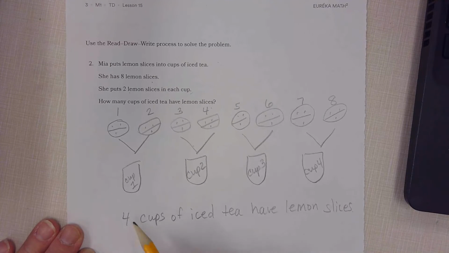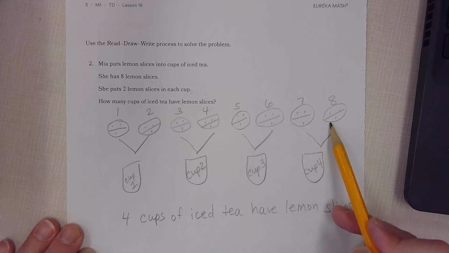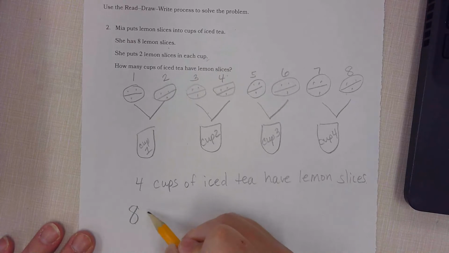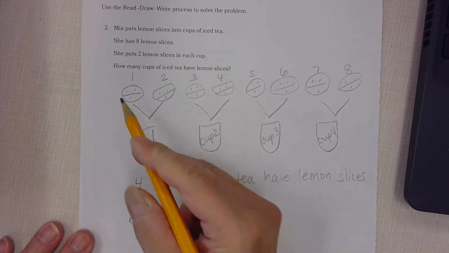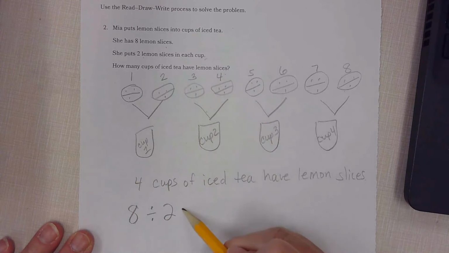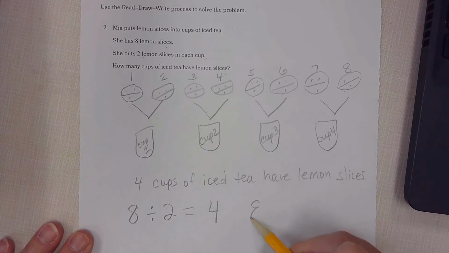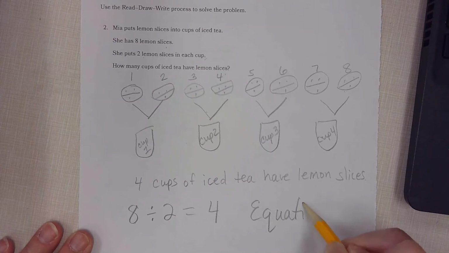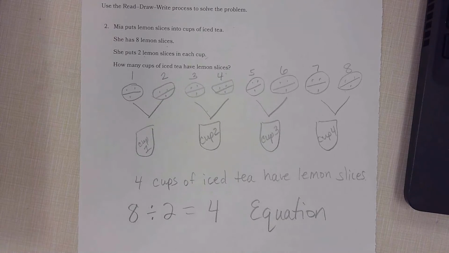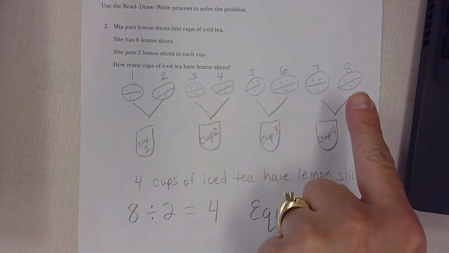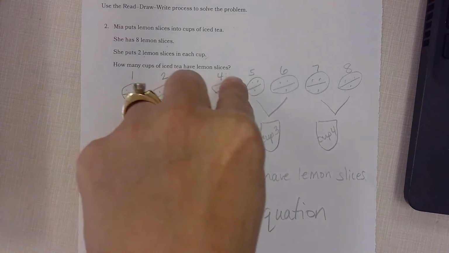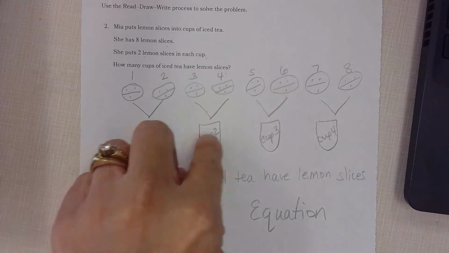Okay, so you could say 8 divided by 2 in each is equal to 4. That is our equation. The 8 lemon slices divided into 2 makes us get 4 cups.